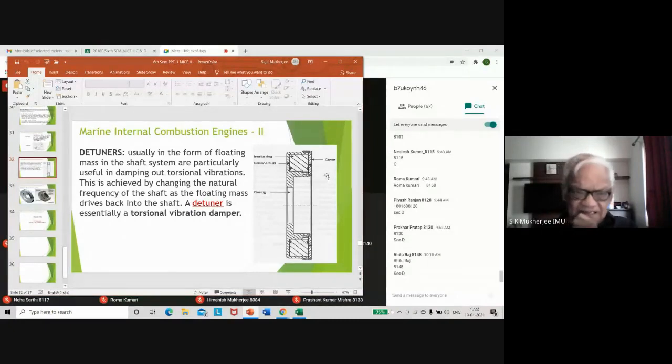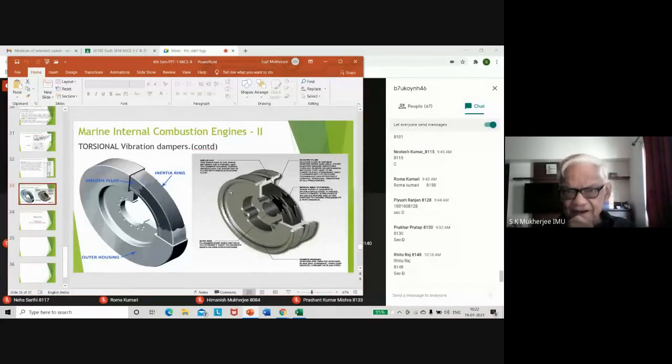Now, here is a diagram or a photograph of a torsional vibration damper. It becomes much easier to understand when you see a photograph rather than a sketch. So you see the vibration damper, it is a circular equipment, and at the center you have an arrangement to fit the flange of the shaft.